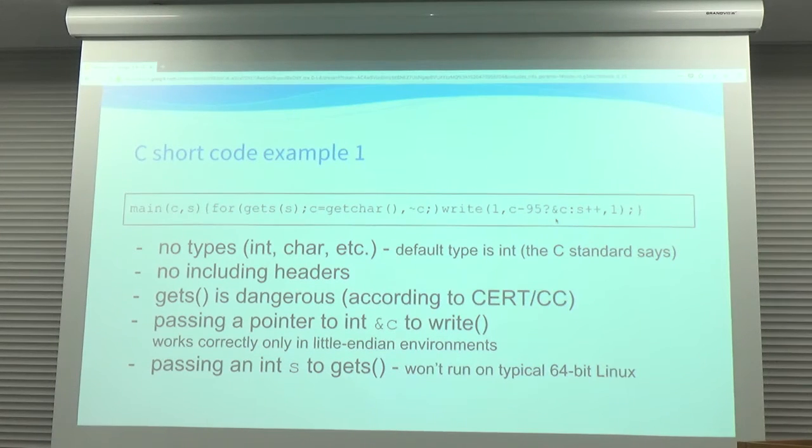And also, passing an integer argument to the gets function won't run on typical 64-bit Linux. It runs only on 32-bit environments. But the judge system is 32-bit, so it's no problem.